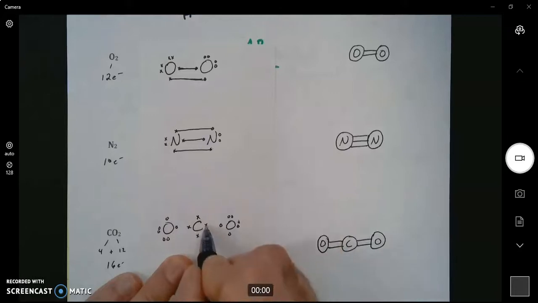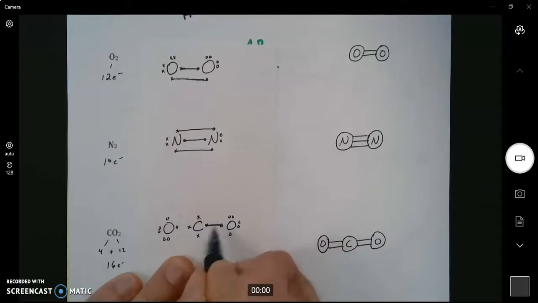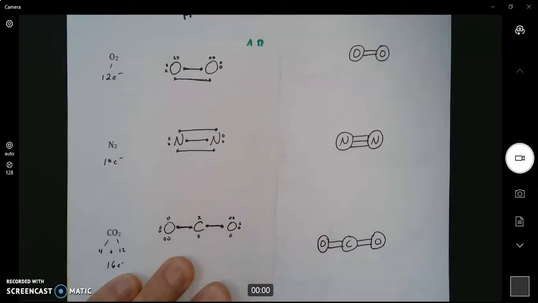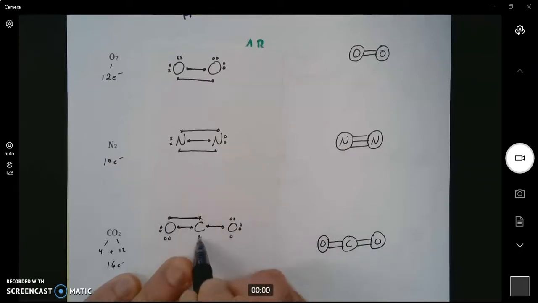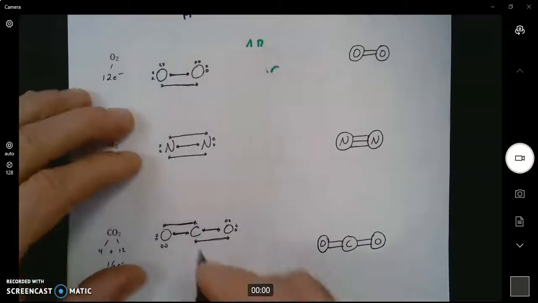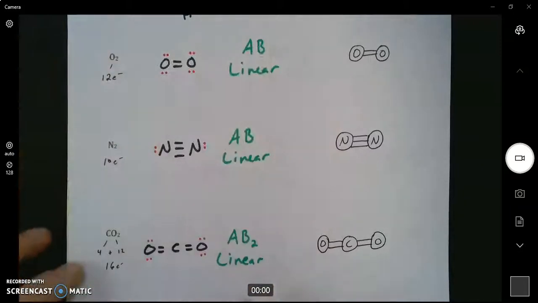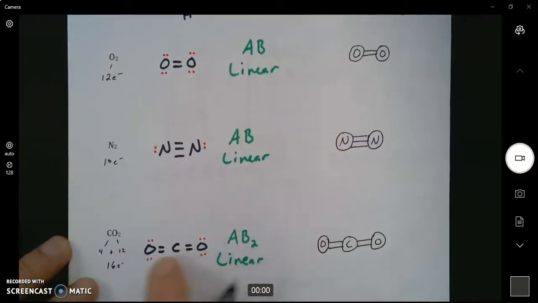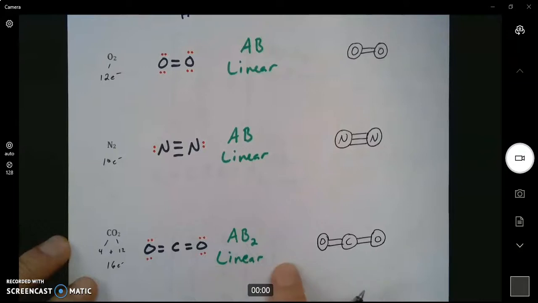And hopefully we can see those bonding sites again. There's a bond there. There's a bond that's connected. We have another pair that we can connect here for a double. We have another pair here that we can connect for a double. 2, 4, 6, 8 around the oxygen. 2, 4, 6, 8 around the carbon. 2, 4, 6, 8 around the oxygen. That would give you AB2, that's going to be linear.